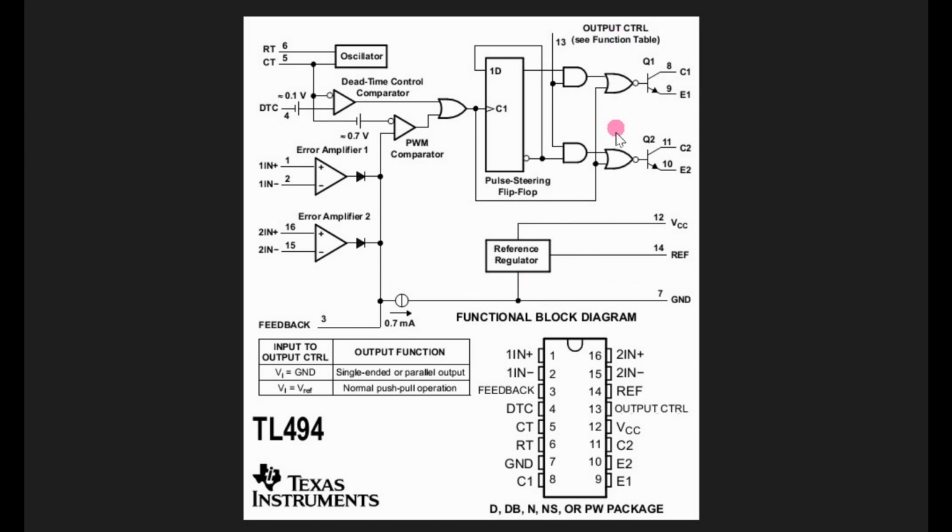The output can be set to push-pull or single-ended operation. There's a dead time control. Grounded is shortest with the dead time control. We have an on-chip oscillator and sawtooth generator, with frequency programmable by a resistor and capacitor. There's an internal PWM comparator.